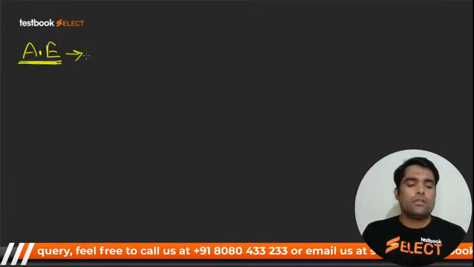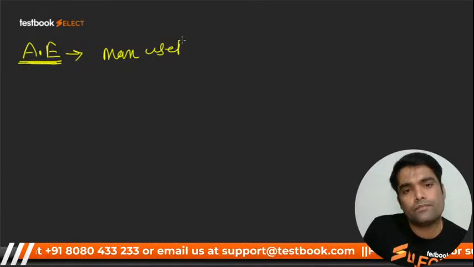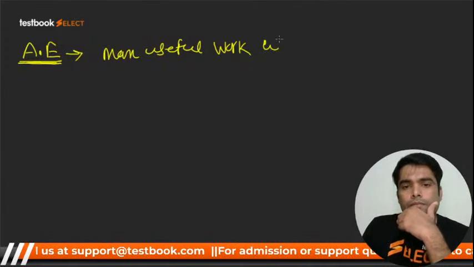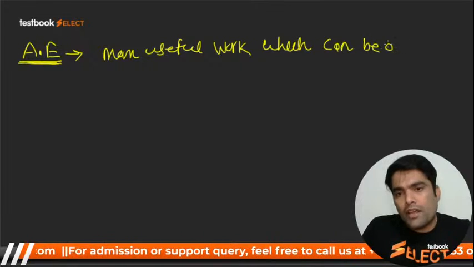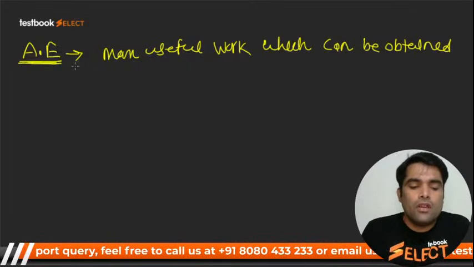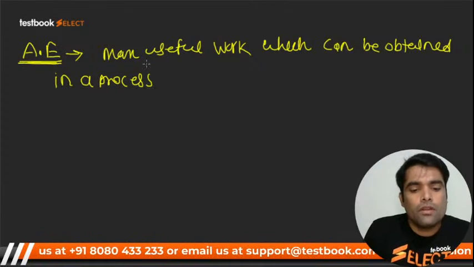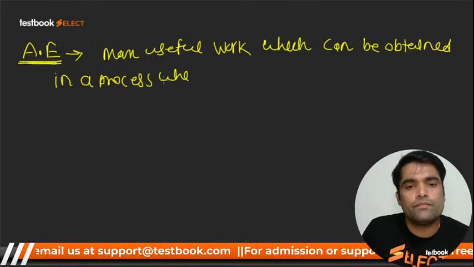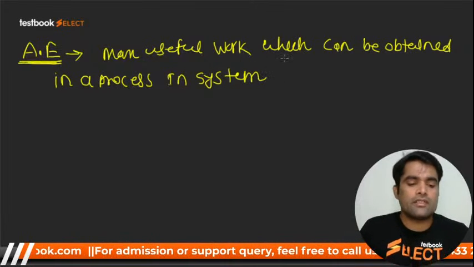And available energy. Okay. So available energy is what, my dear? It is the maximum useful work which can be obtained till the system, or in a process, in which the system attains dead state.